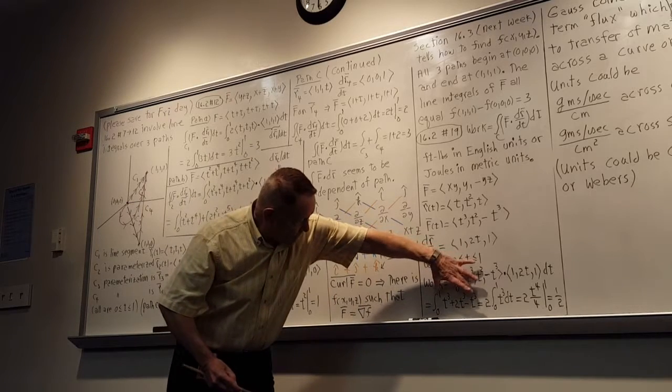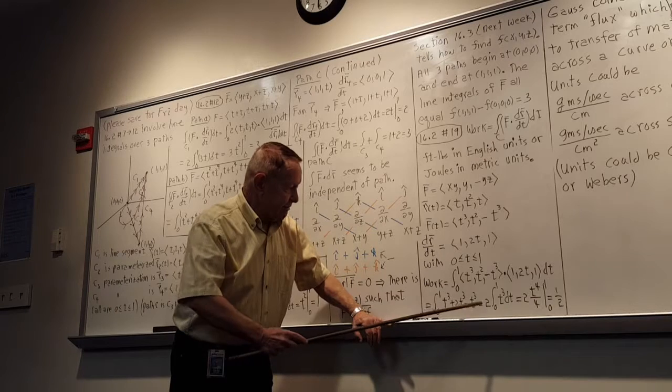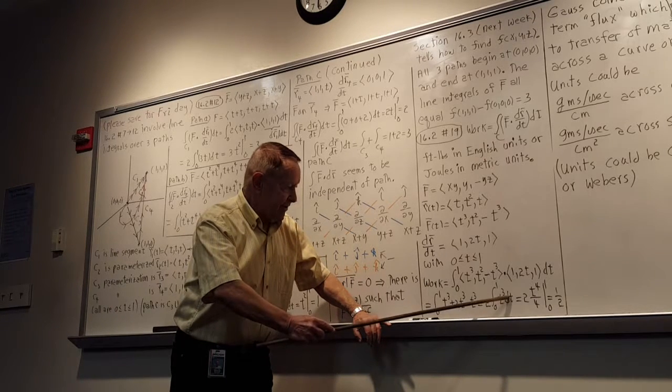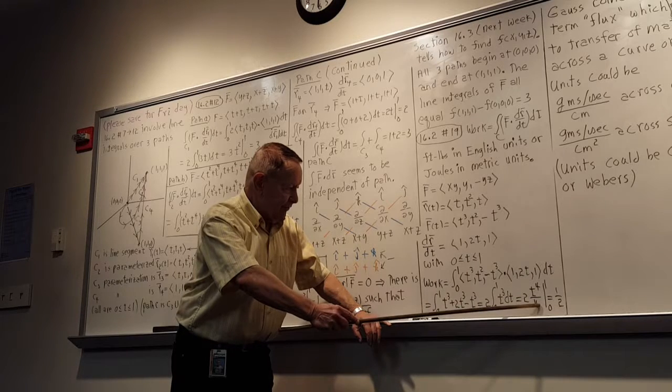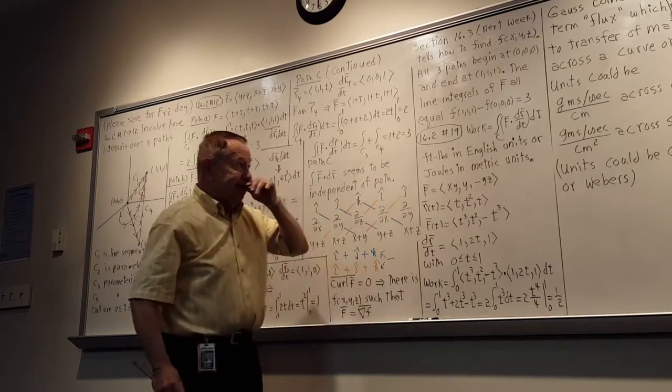So those two cancel out, as you see, and I've factored the 2 out, and I have t cubed, which is t fourth over 4, multiplied by 2, and I get a half.